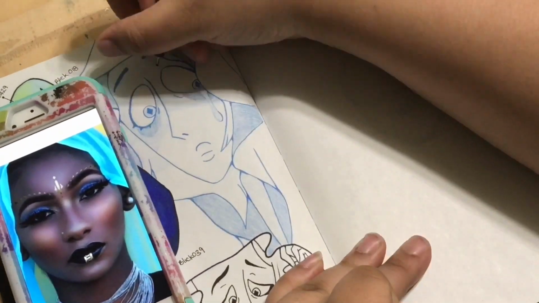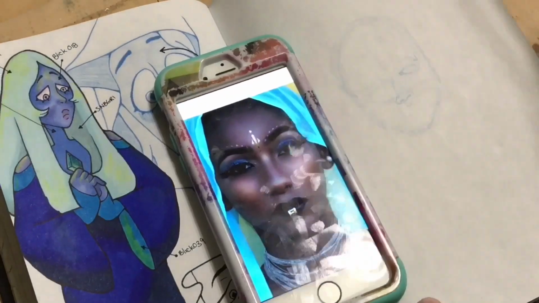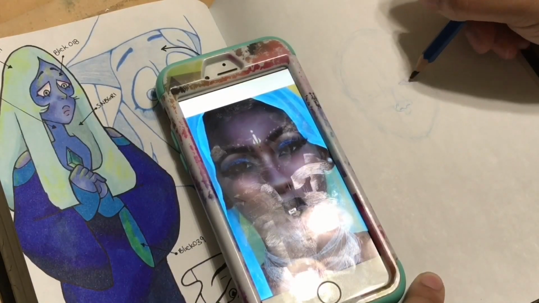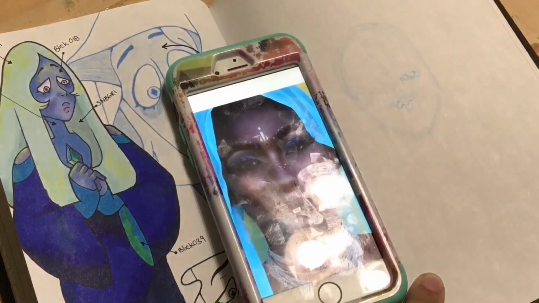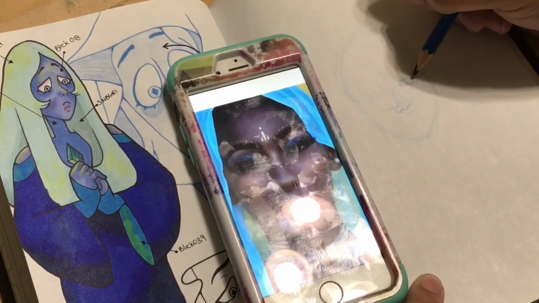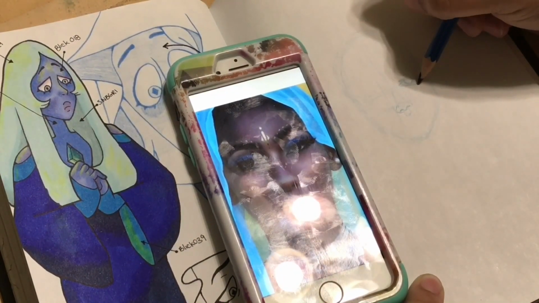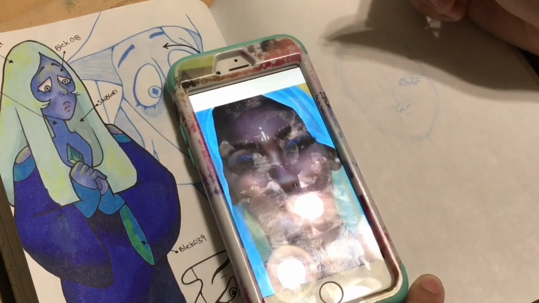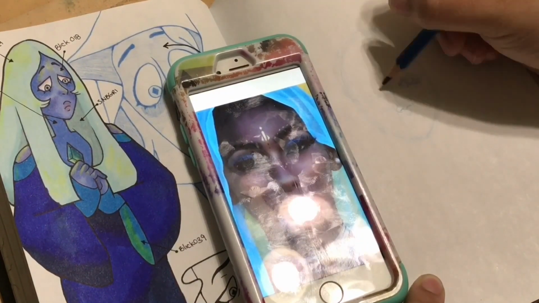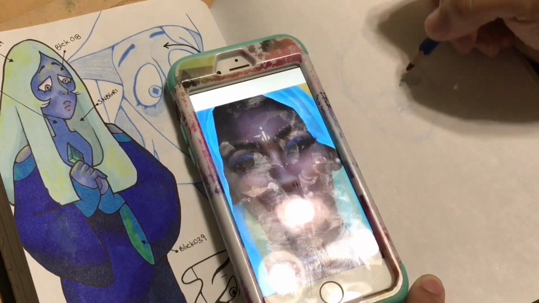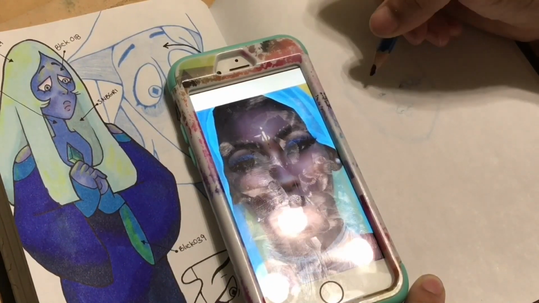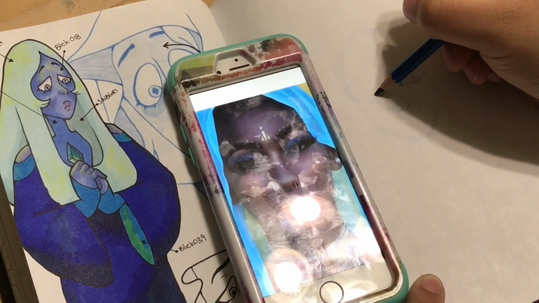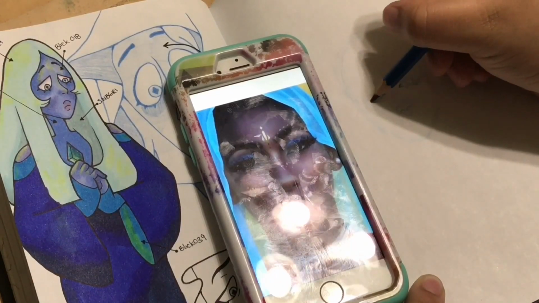Now, as you can see, I put a curvature in her eye, which most humans don't really have. But if you watch the show, then you know that Blue Diamond's eyes kind of slant, which gives her a more sad aesthetic, I guess. She looks like she's just constantly sad, like she's forever sad. Forever emo.